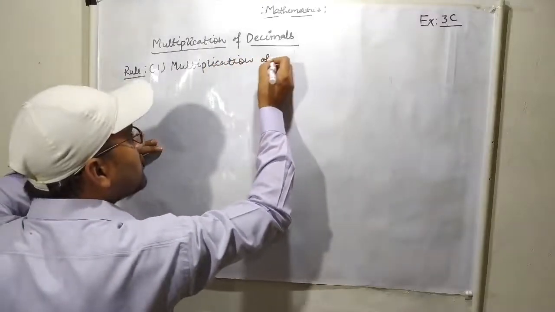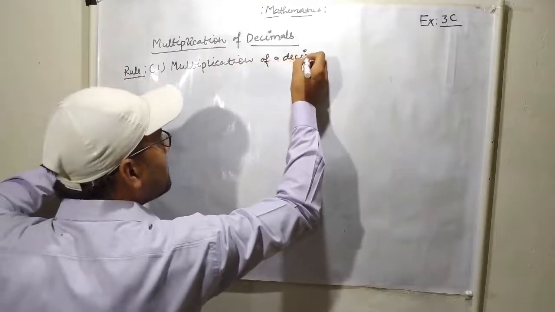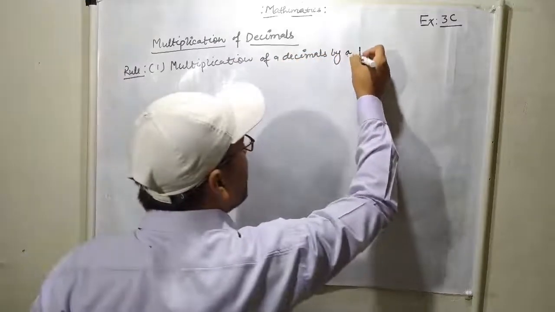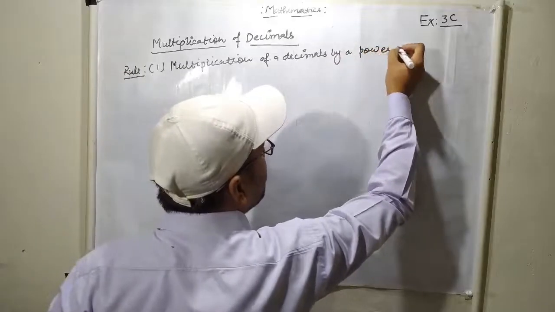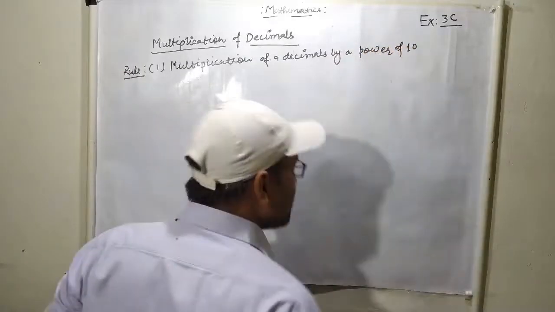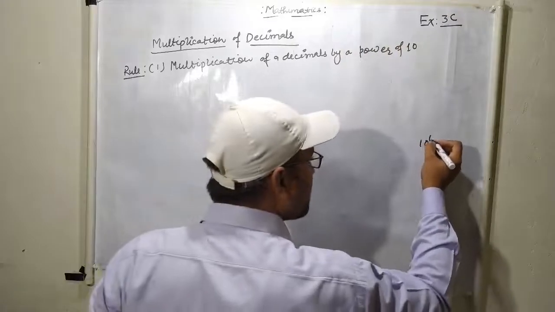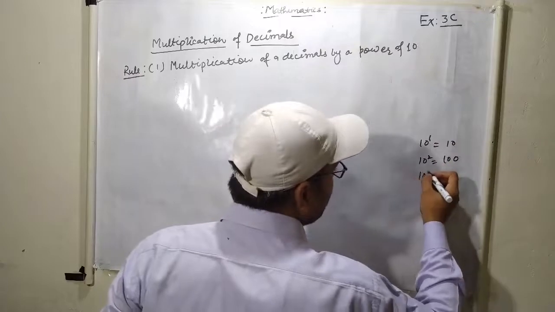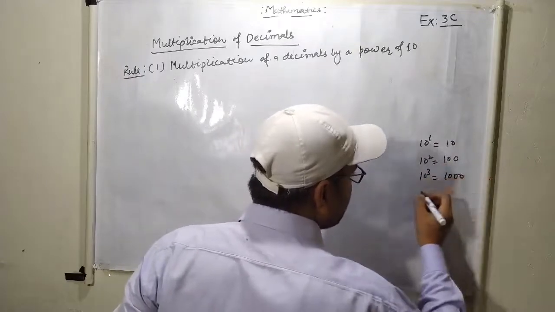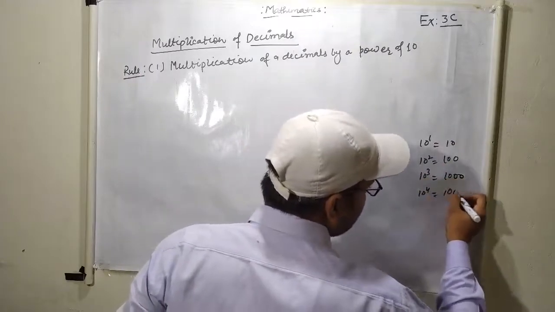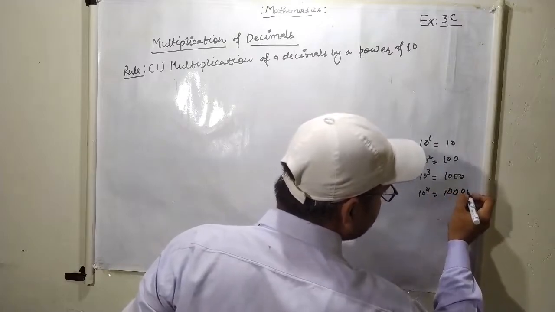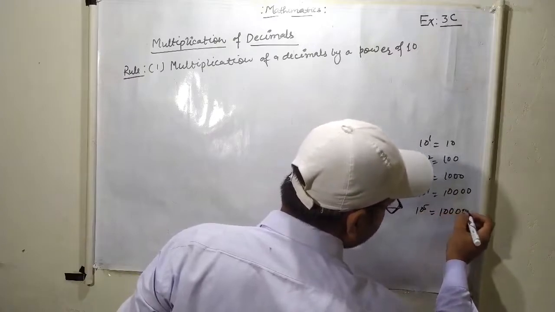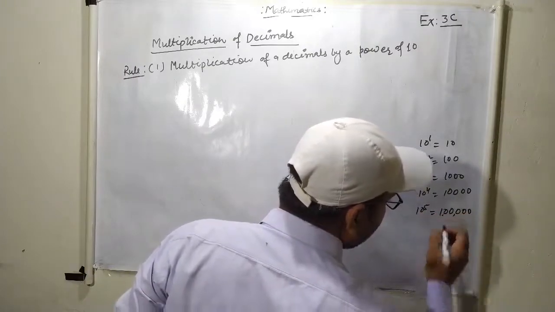Power of 10 means 10 to the power 1 is 10, 10 to the power 2 is 100, 10 to the power 3 is 1000, 10 to the power 4 is 10,000, and 10 to the power 5 means there are five zeros after 1, so 1 lakh, like that.